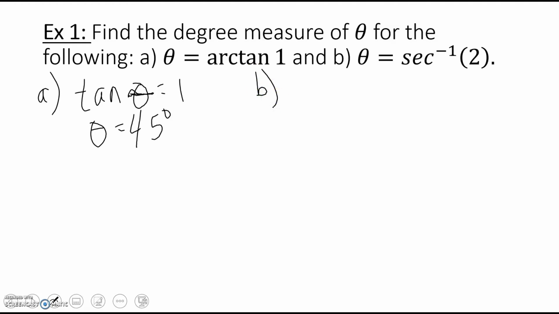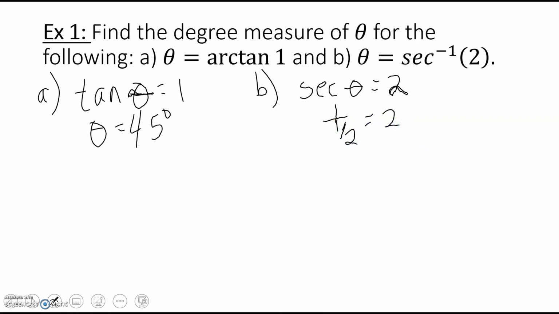And then if I rewrite this inverse secant of 2, it'll be the same as secant theta equals 2. So we want to know, where is the secant of theta 2? Remember, secant is 1 over cosine. So if you think about it, that is going to be where our cosine is 1/2, because 1 over 1/2 is equal to 2.